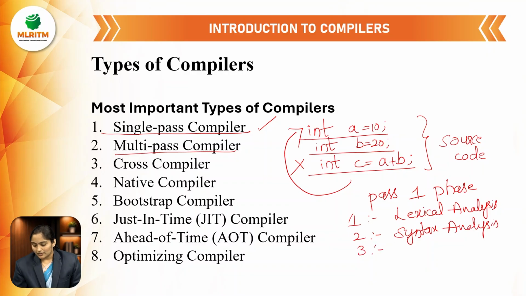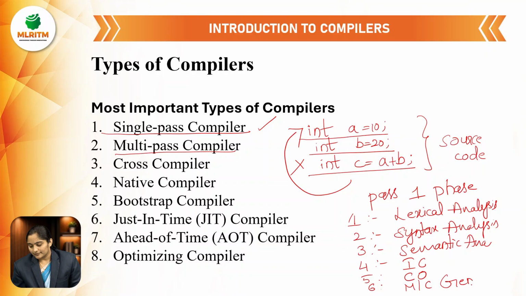In the third pass, it performs semantic analysis. In the fourth pass, it generates intermediate code. In the fifth pass, that code is optimized. In the sixth pass, machine code or assembly code is generated. So in the multi-pass compiler, the compiler reads the source program multiple times.